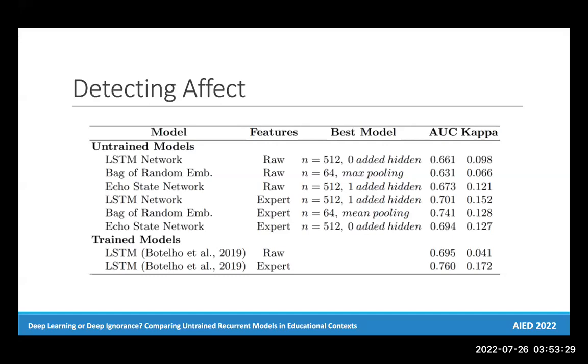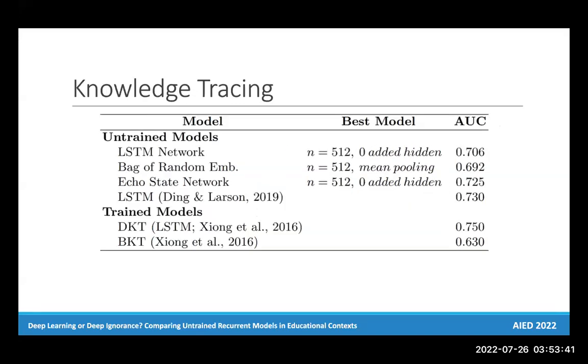But it's rather interesting that the untrained models come very close in terms of performance, certainly much closer than I originally thought would have been the case. And if we look at knowledge tracing, replicating the prior work from Ding and Larson, and also looking at the trained versions from prior works, we see a similar trend, where the untrained models are not quite outperforming a lot of the prior works or the trained versions, but are coming very close to it.